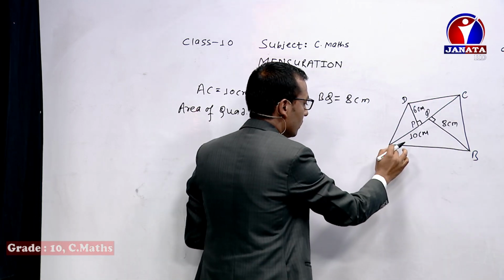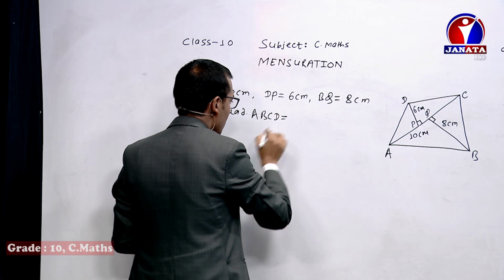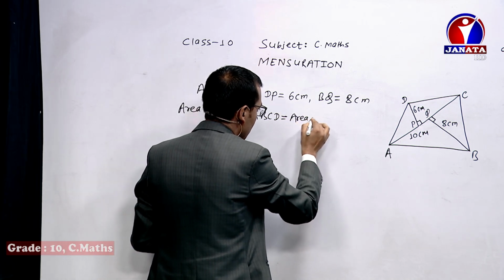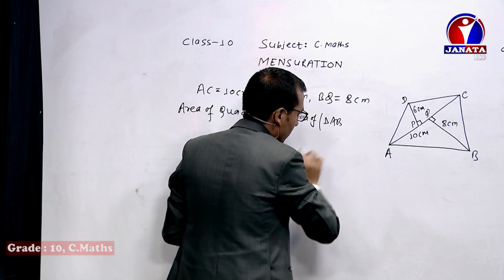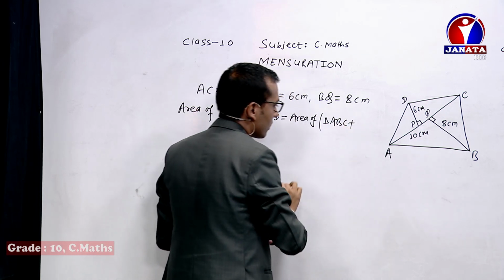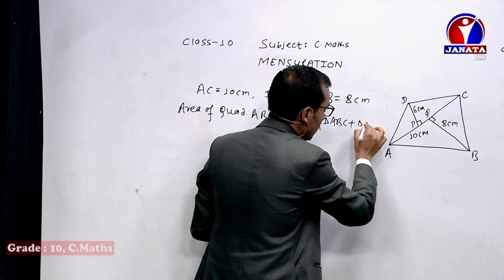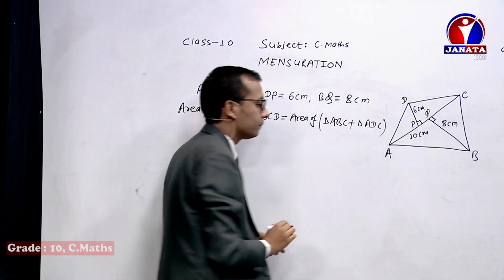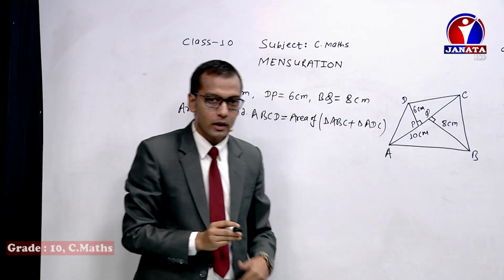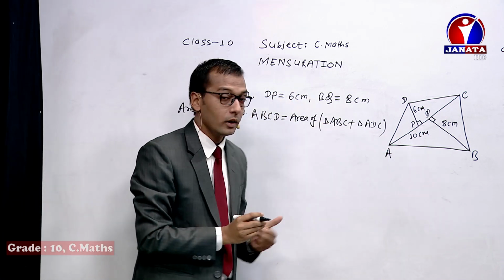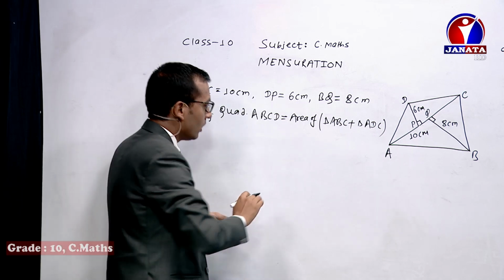Triangle ABC and triangle ADC. So this is equal to the area of triangle ABC plus triangle ADC. We can add the areas of the two triangles and find the area of the whole figure, which is the quadrilateral.